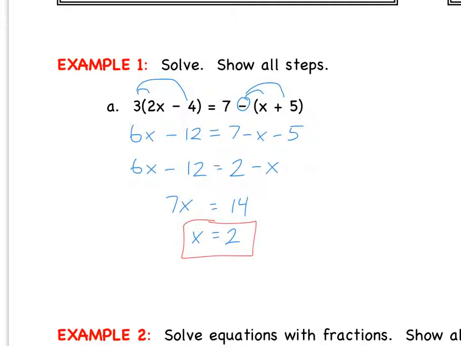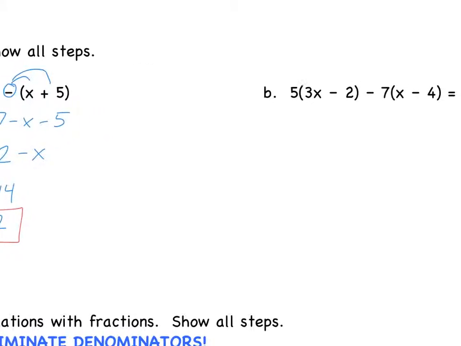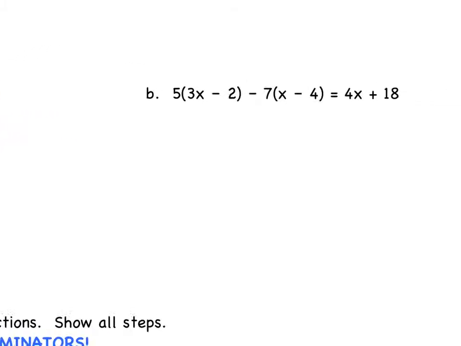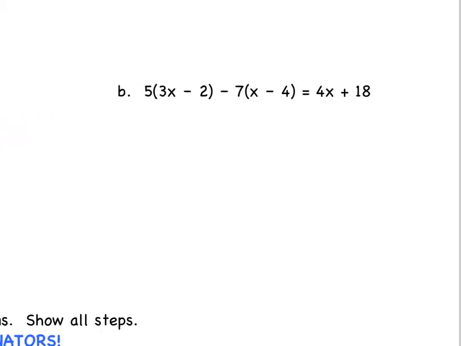Hopefully that's pretty straightforward at this point. Go ahead and try example B now. Distribute, gathering like terms on each side first before crossing over that equal sign. 5 times the quantity 3x minus 2, minus 7 times the quantity x minus 4, equals 4x plus 18.